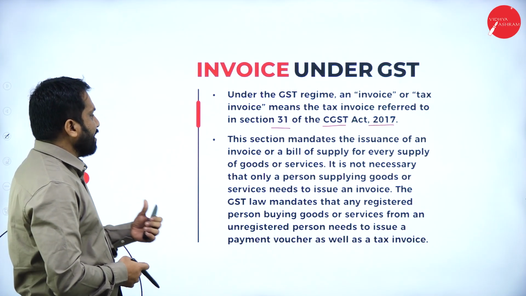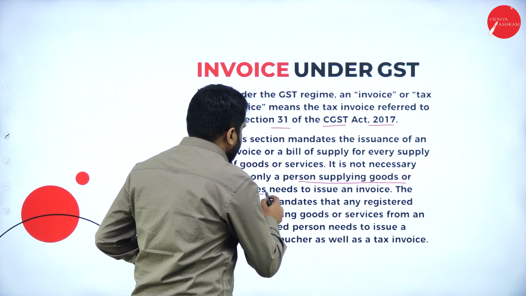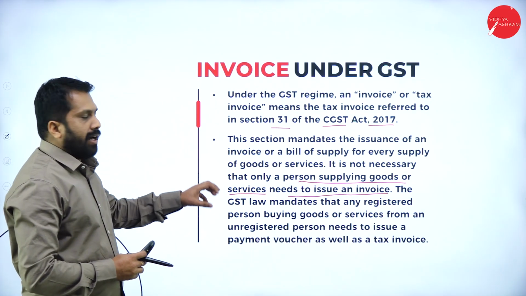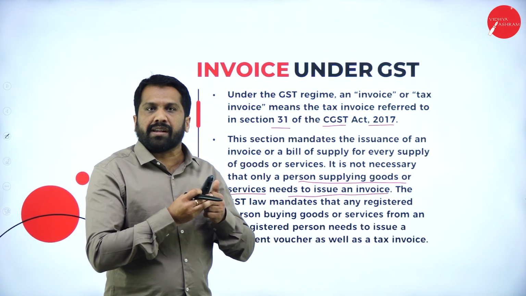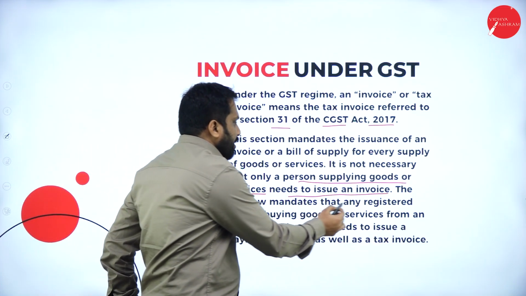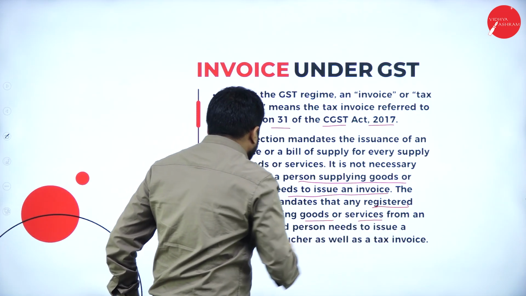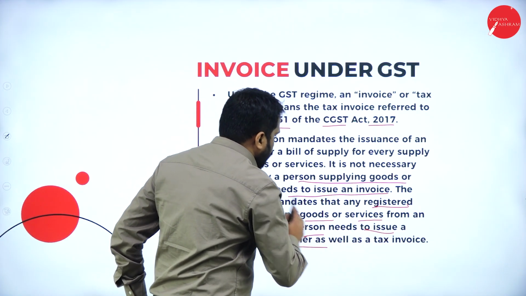It is not necessary that only persons supplying goods or services need to issue an invoice. It is not a rule that only the person who supplies the goods should create the invoice. The GST law mandates that any registered person buying goods or services from an unregistered person needs to issue a payment voucher.